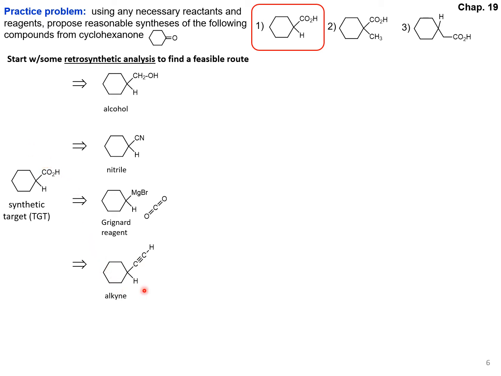But then the next question is, this is my new target now. I'm going to focus on how do I make this, because if I had this, I could easily convert it to this. And now I focus all my attention on this. Do the same sort of analysis. What's the functional group? It's a terminal alkyne. Do I know any carbon-carbon bond forming reactions to make a terminal alkyne? And the answer is yes.